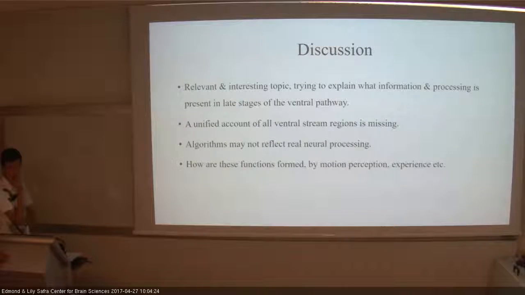But we do have some criticism, or things that other people or they can do further. For one, unifying the account for all of the regions, at least all of the cortical regions, and not just two at a time, which might be hard.